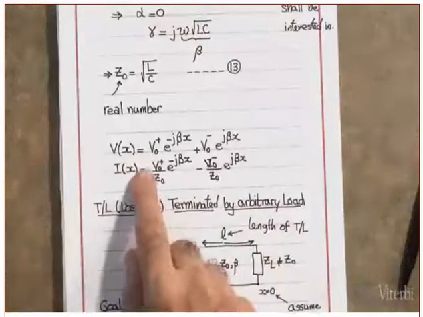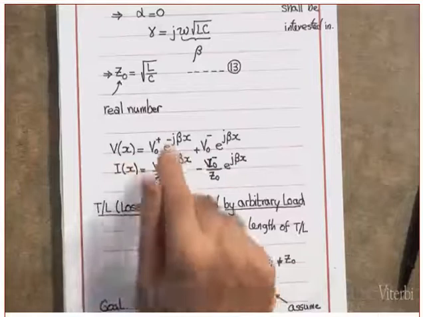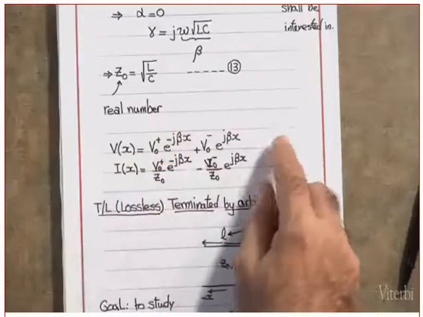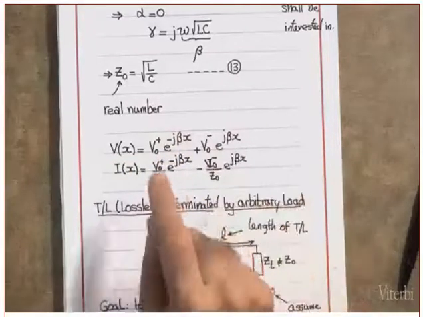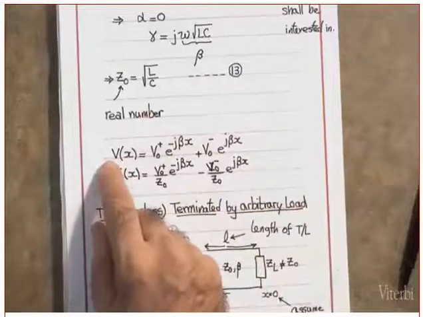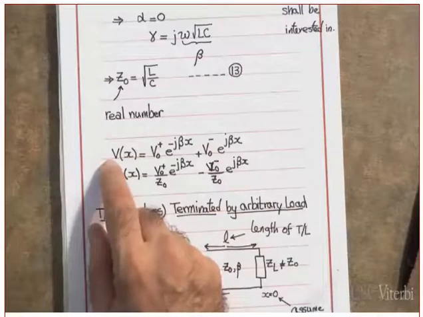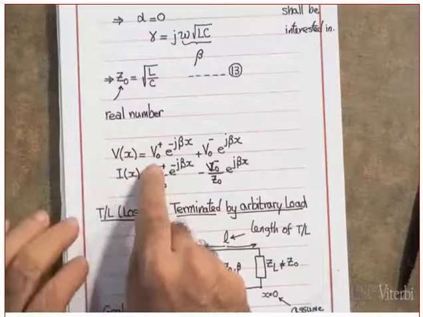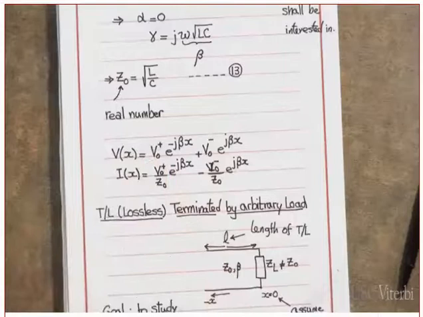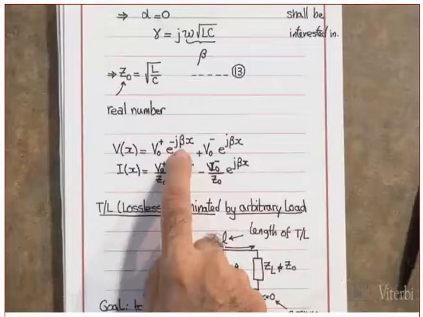So what does the equation become now? This is the major equation. I did not put a number here, but this is the one that we build upon. Vx is the voltage on the line at any point x, equal to V naught plus e to the minus j beta x plus V naught minus e to the j beta x. Why e to the minus j beta x?